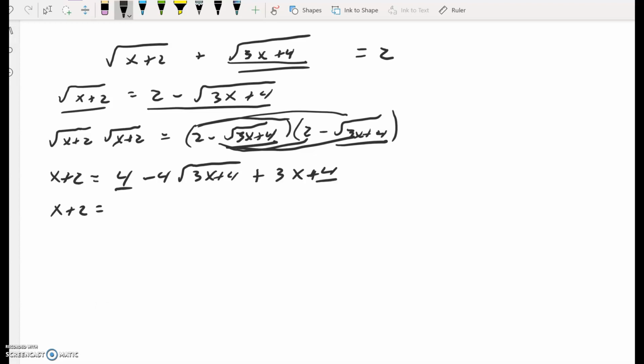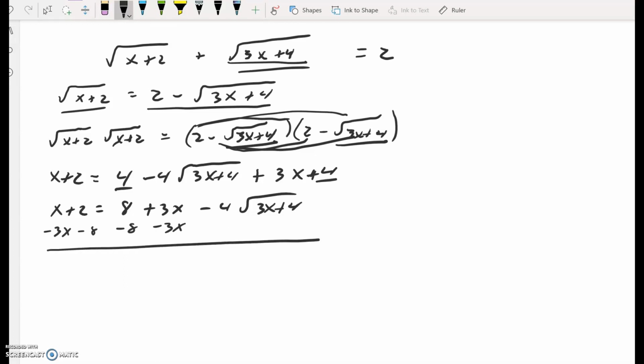Collecting some like terms, we have 4 plus 4 being 8. We have plus a 3x, and we have a minus 4 times this remaining square root. Taking away 3x from both sides, taking away 8 from both sides, I now have on the right-hand side this, and on the left-hand side this.